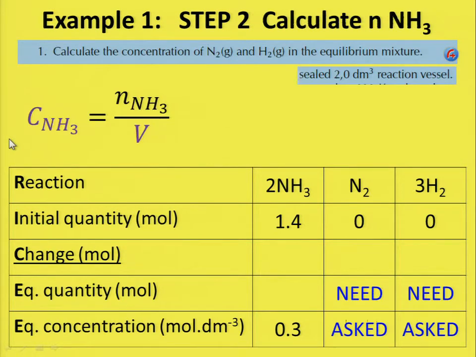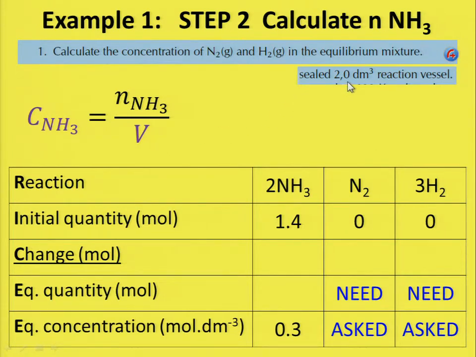So the next step then is to see what they are asking. Calculate the concentration of nitrogen and hydrogen in the equilibrium mixture. So they want the concentration of nitrogen and the concentration of hydrogen. Now to get to that, you need the moles. To calculate concentration, you need moles divided by volume.